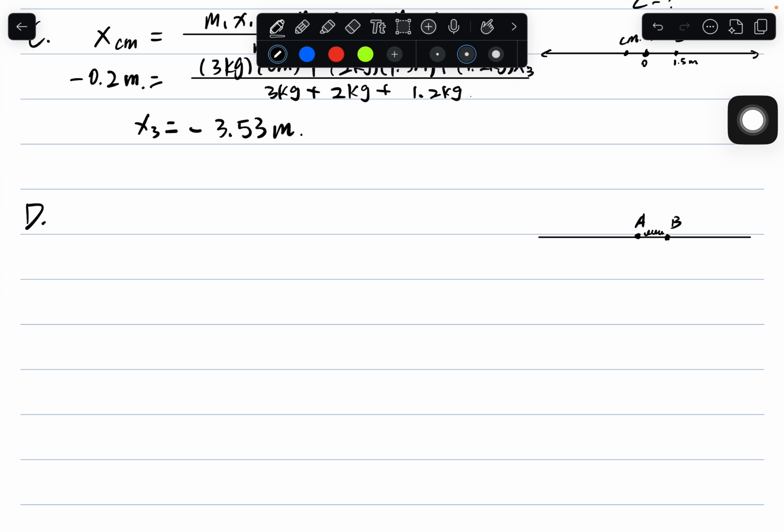A is 0.125 kilogram and B is 0.5 kilogram. We know A moved 0.96 meter to the left from the starting position. So to the left, 0.96 meters.